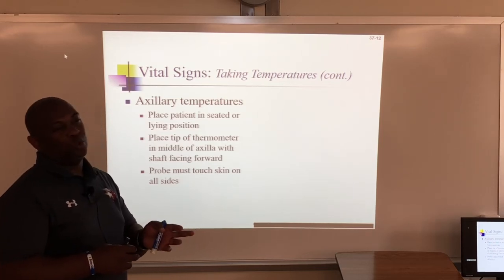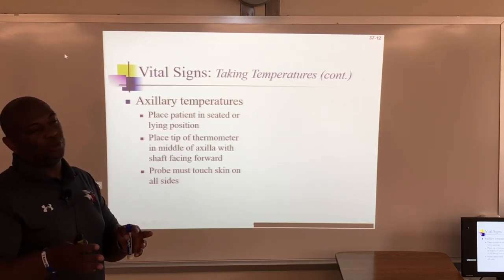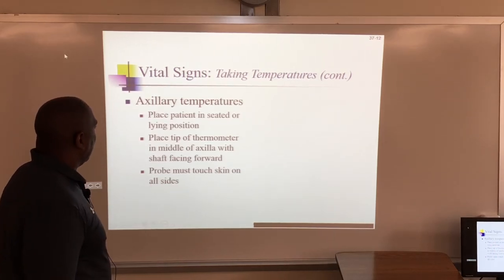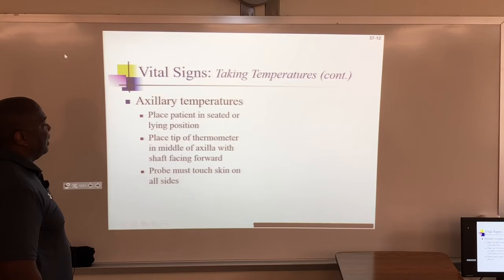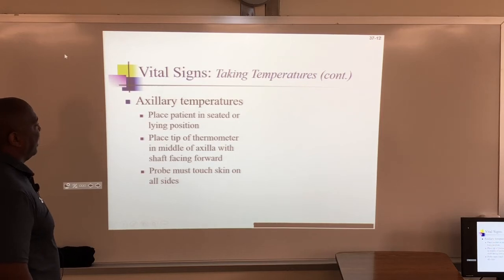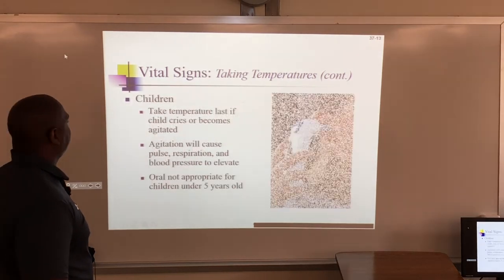Somebody that's 0 to 2 or 3 may be fidgety and not be able to use that method of taking the temperature. Then you would use the temporal one anyway.